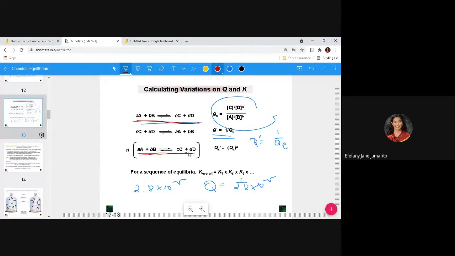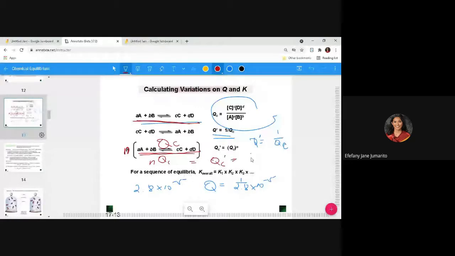So we have this one. Now when we multiply by N, the N becomes a coefficient. Agree? This one is your Qc. Now, if we have N, then for the Qc we have Q, and it becomes Qc prime.